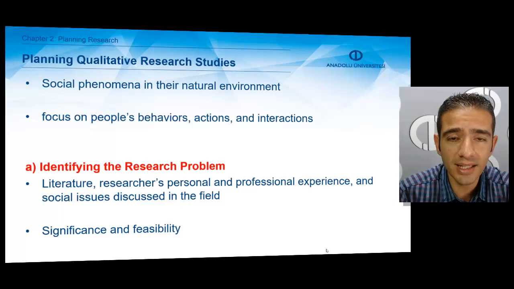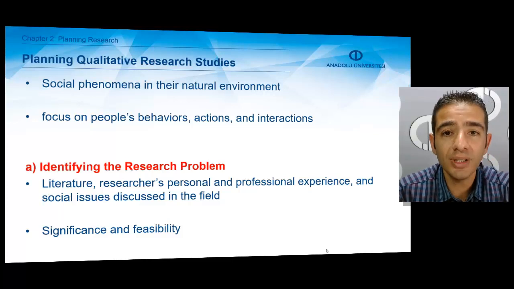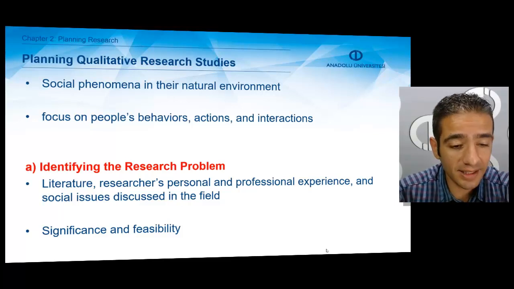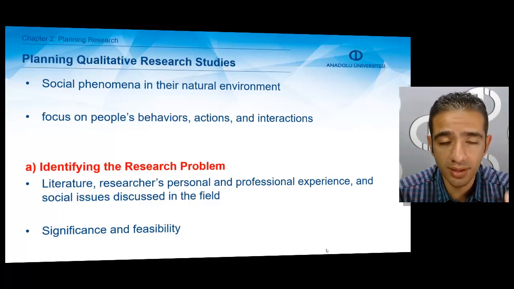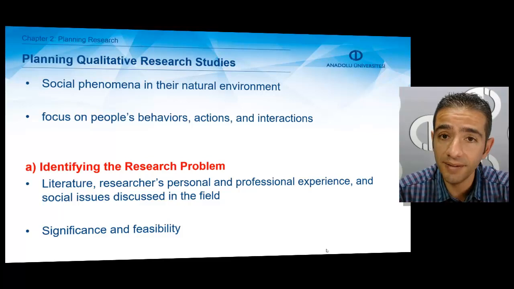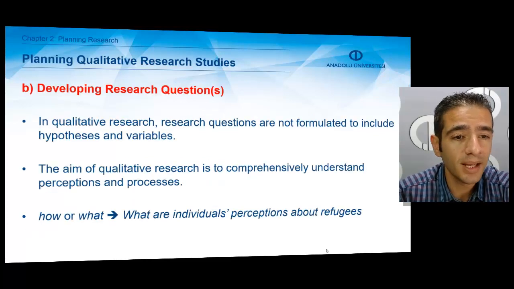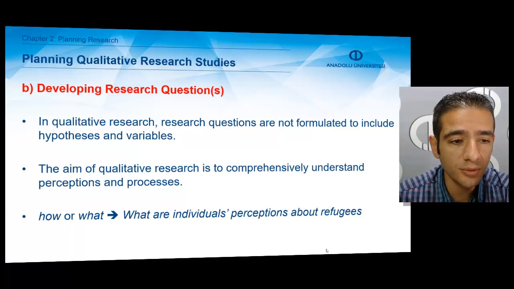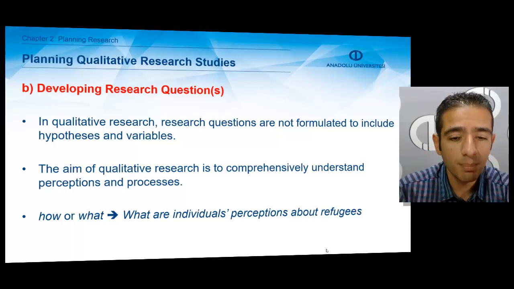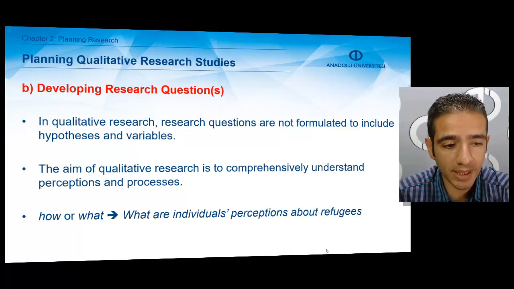And while deciding on your research problem, you need to take the significance and feasibility into account. As a researcher, you need to think about whether my study is significant for the literature or not. Then you develop some research questions. It is also different from the quantitative research, because here we have a how or what perspective.